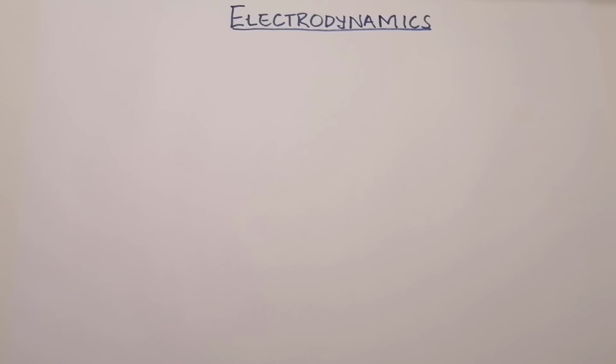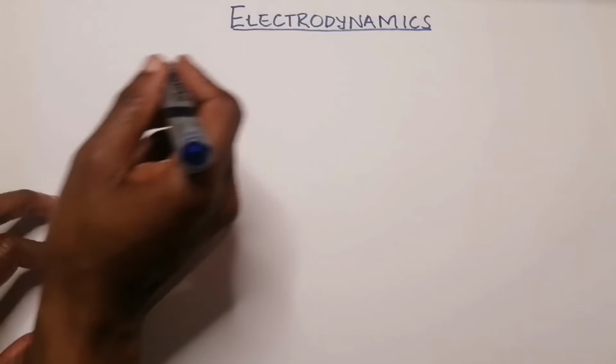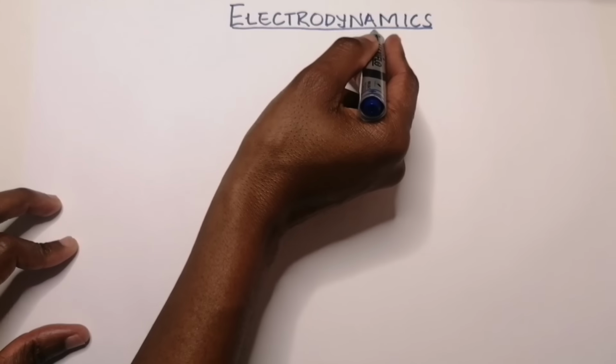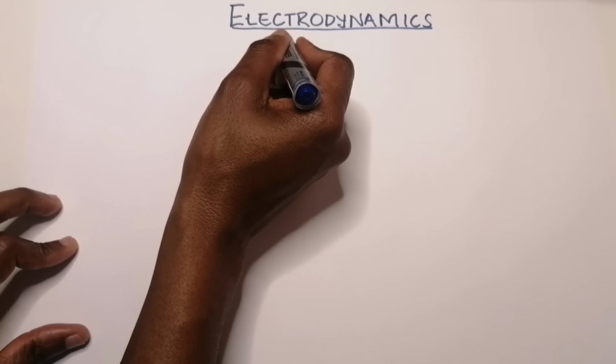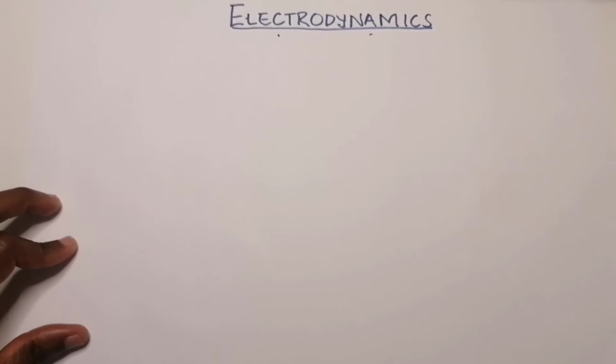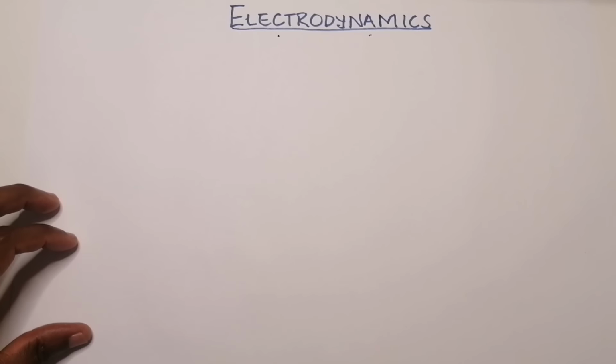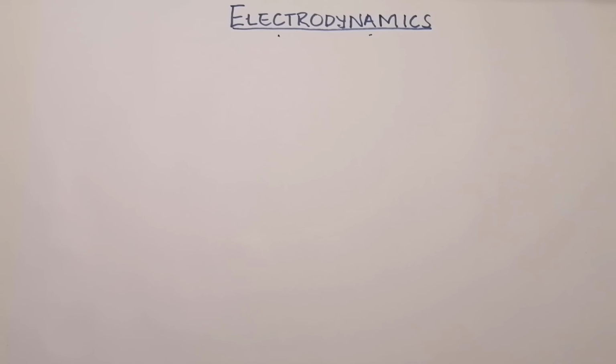Right, so first of all, electrodynamics is essentially a kind of compound word. It's made out of two words, the electro part and the dynamic part. Electro has to do with electricity, and dynamic has to do with movement. So in a sense, we are dealing with a relationship between movement and electricity. As a result, under electrodynamics, we've got two devices.